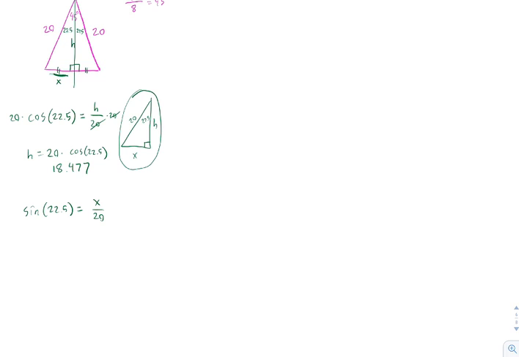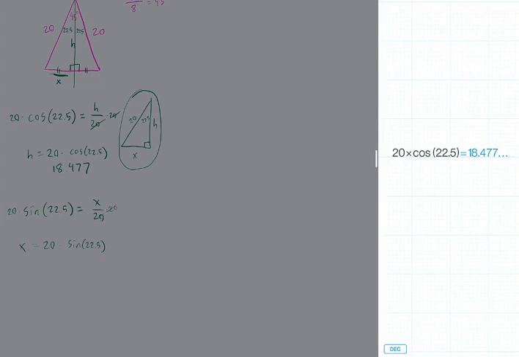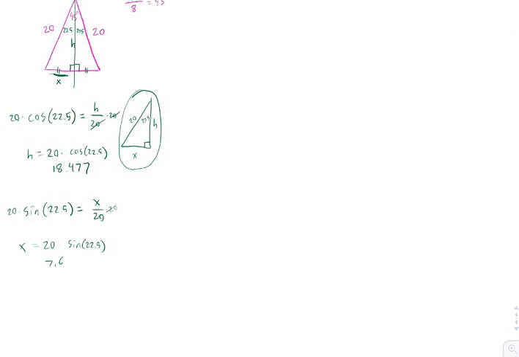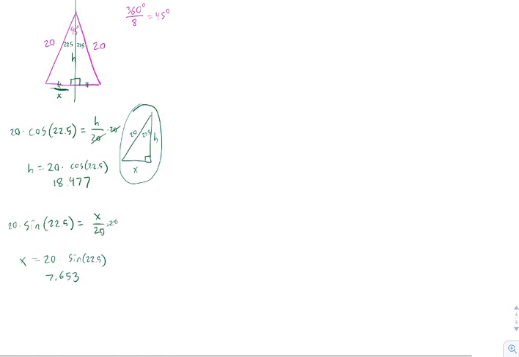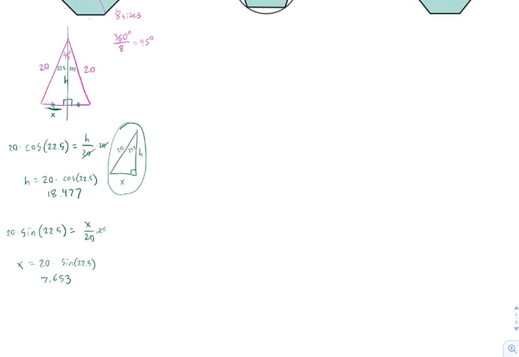So now multiplying both sides by 20, I get that x is 20 times sine of 22.5. So going back over here, this is now the sine function, and that's 7.653. Now I've got all the information I need to answer the question.